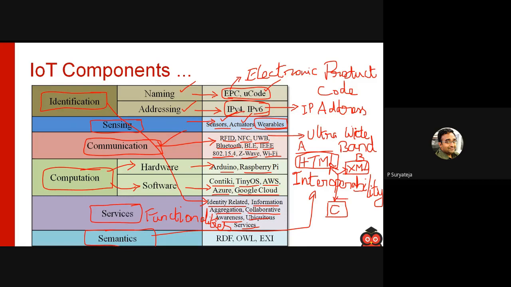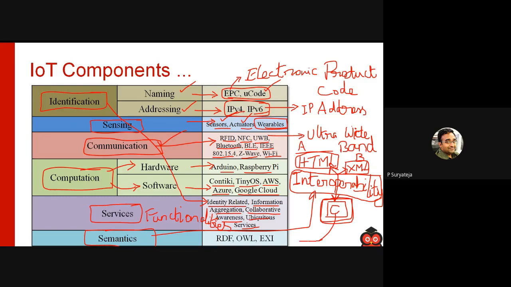So this is the intermediate technology or service which is doing this conversion of XML to HTML and HTML to XML. Such a feature is called interoperability, that is, making different things which understand different formats communicate with each other.